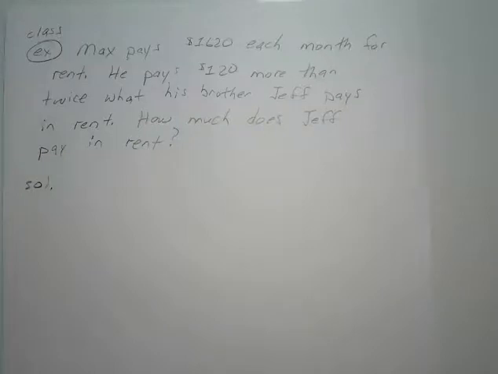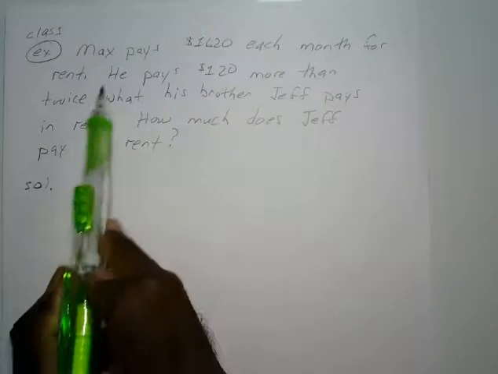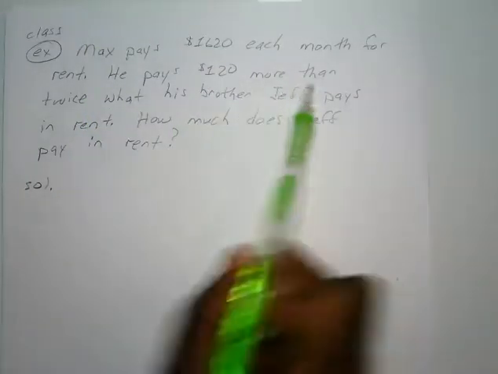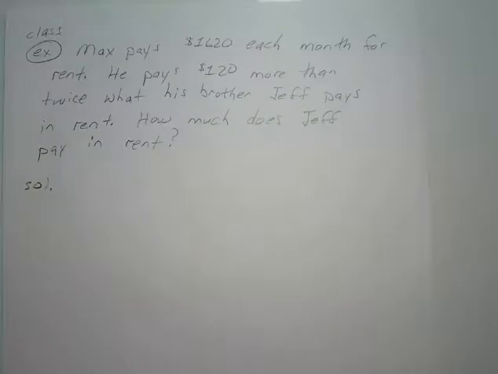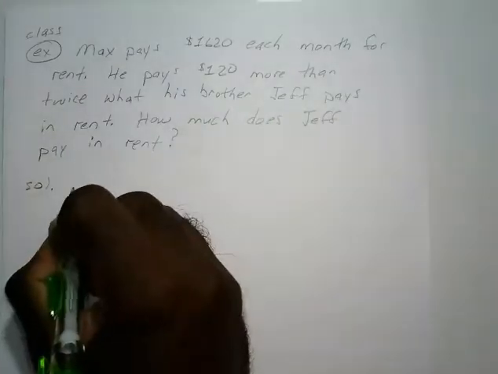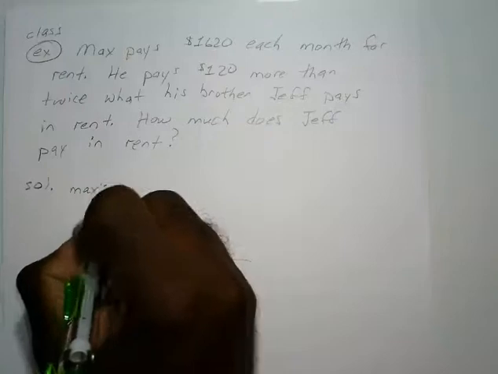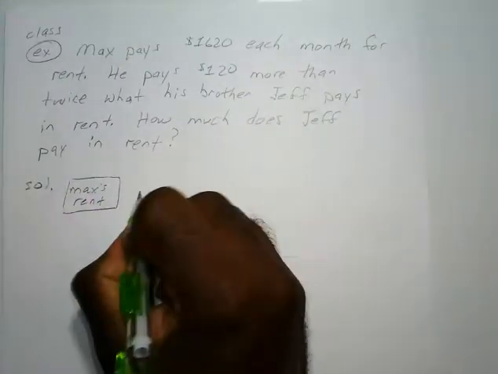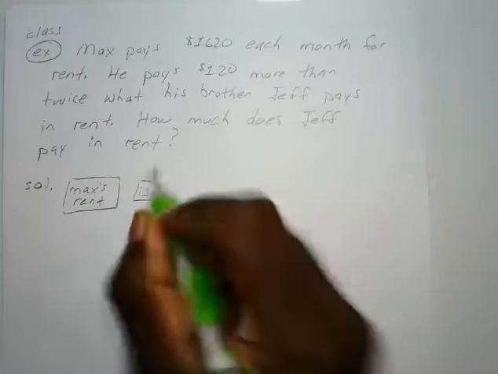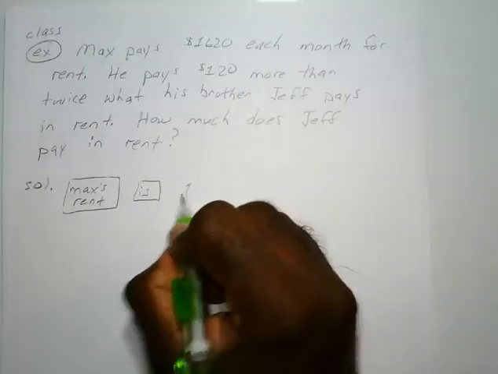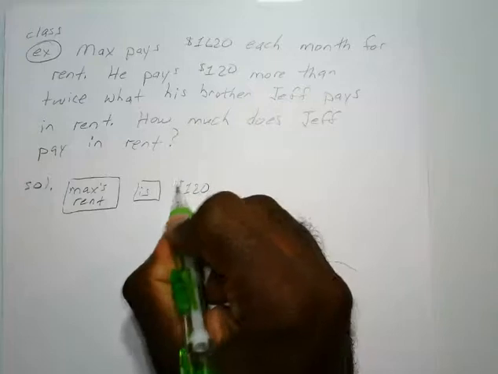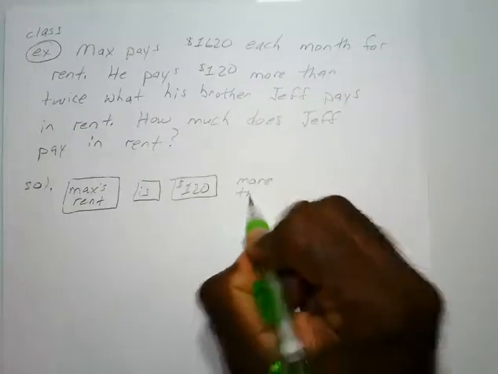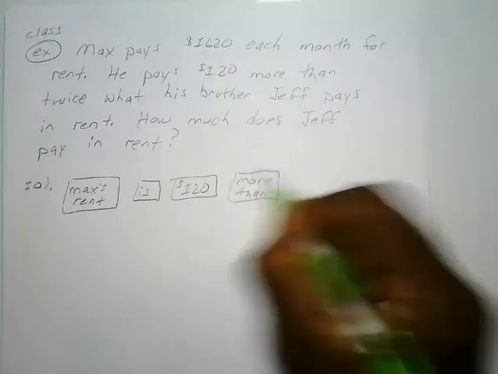So basically what they're saying is that Max's rent is $120 more than twice Jeff's rent. Max's rent is $120 more than Jeff's rent.